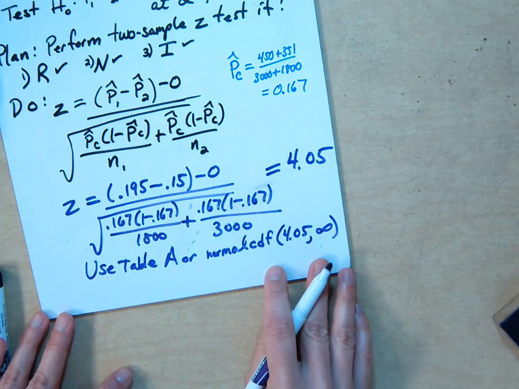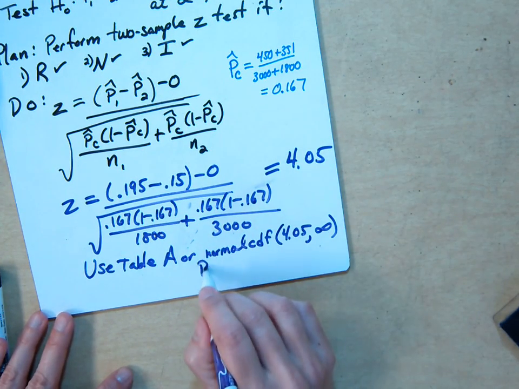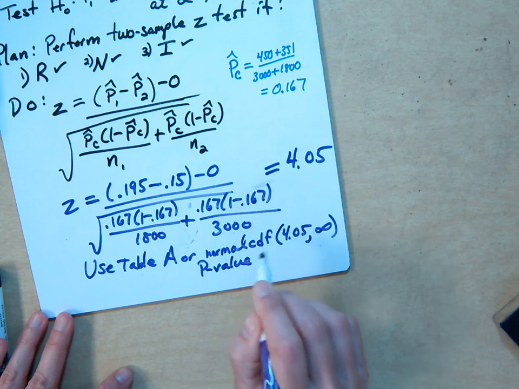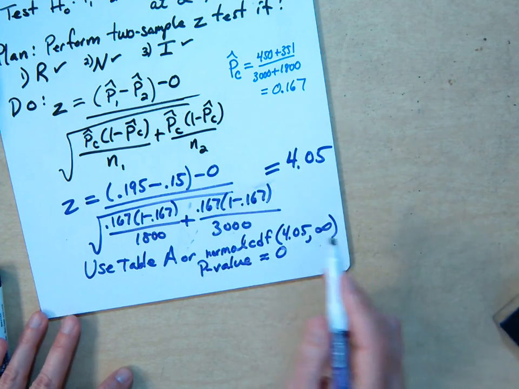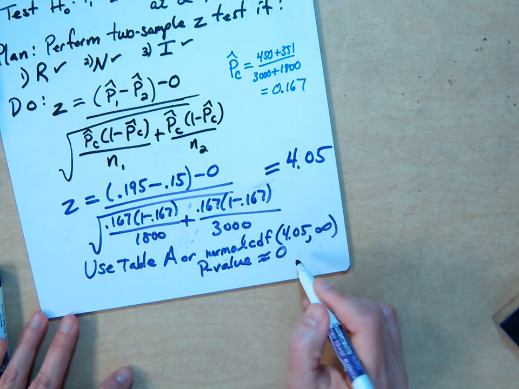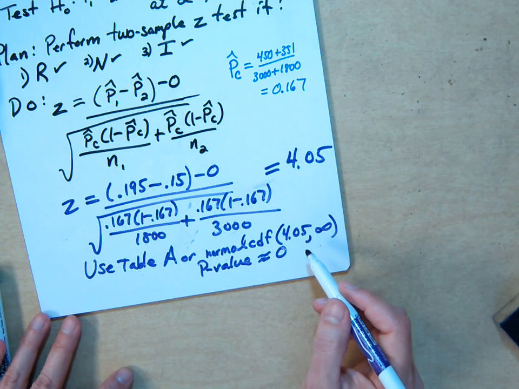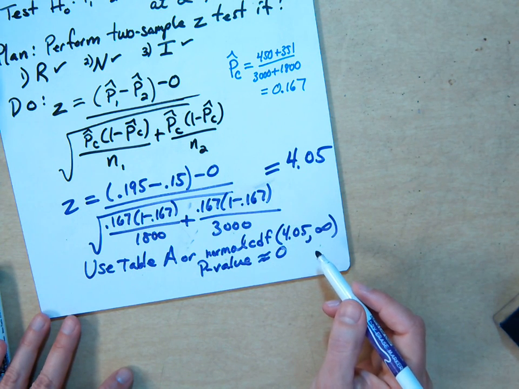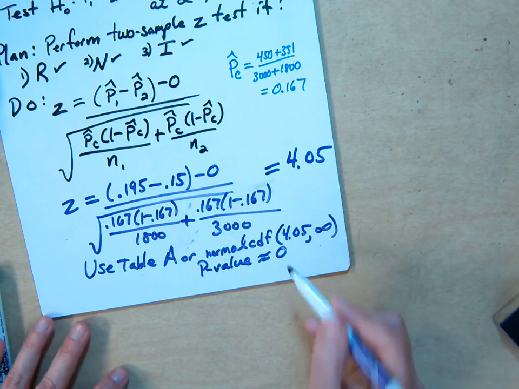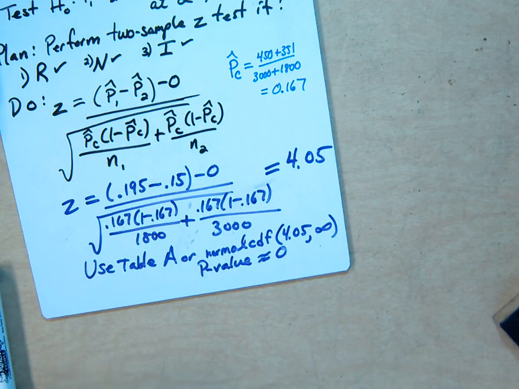That's what you would do on your calculator, and you'll get your p-value of 0. So basically that's saying there's practically no chance that if H naught is true, we would have gotten a sample like we did. So that means we can reject H naught, because there's like no chance we would get a sample like that.